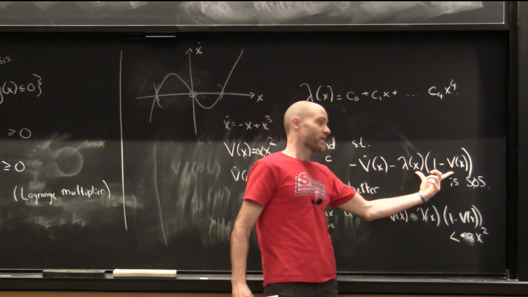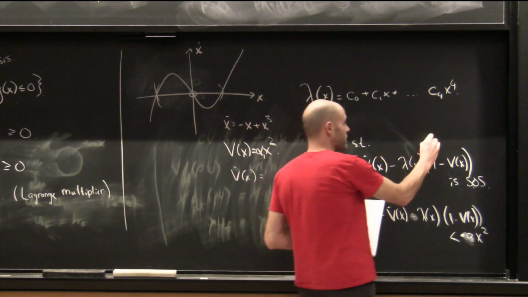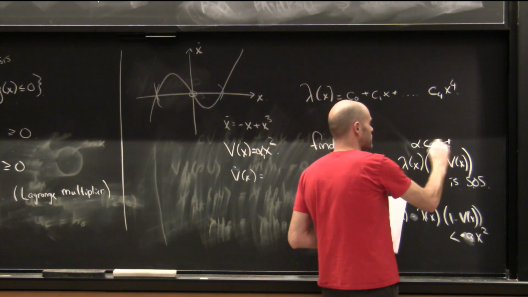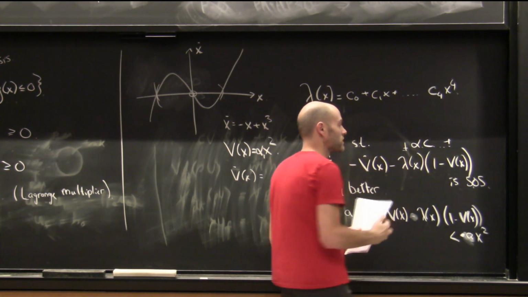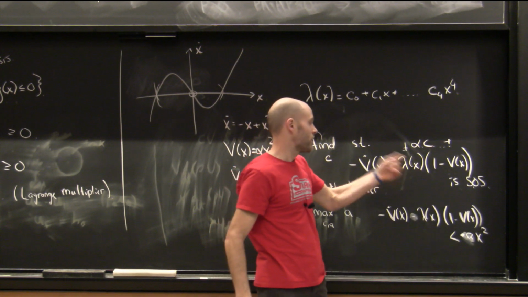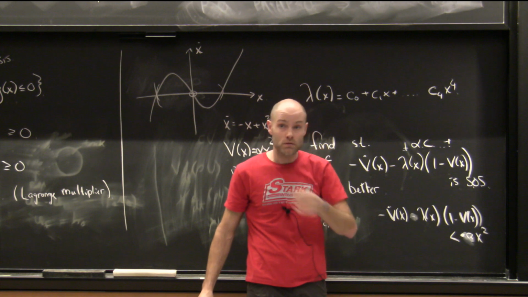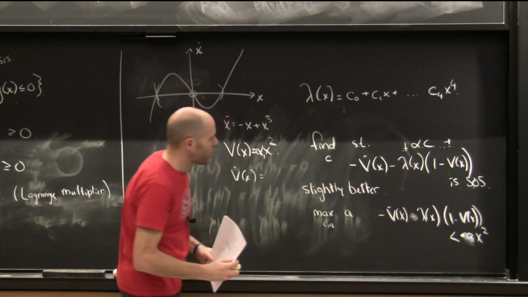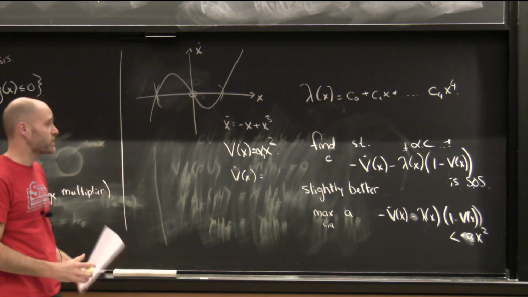I have something that has bilinear. I have terms that look like alpha times C plus a bunch of stuff. Okay, it's not linear in the decision variables anymore. So you have to do something else to make that work.